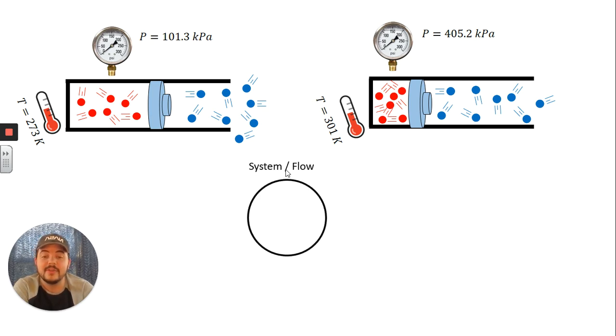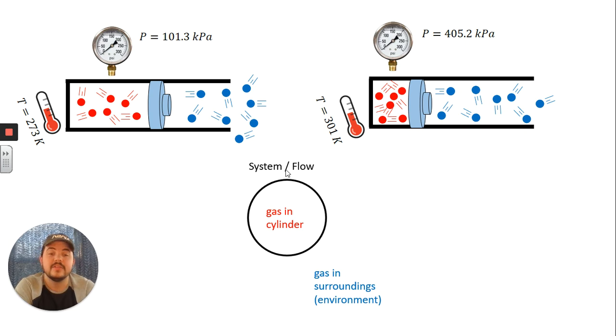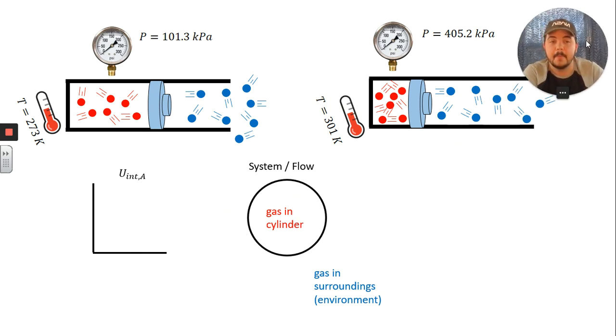First, let's start with an O in the middle of our LOL diagram, where we define our system and where later on we can draw some flow of energy into or out of that system. So the system goes inside of the circle, which is going to be the gas inside of our cylinder, the red gas particles there. And then the gas in our surroundings, our environment, is going to be outside of our system. Now we can draw some bar graphs to represent the energy flow.